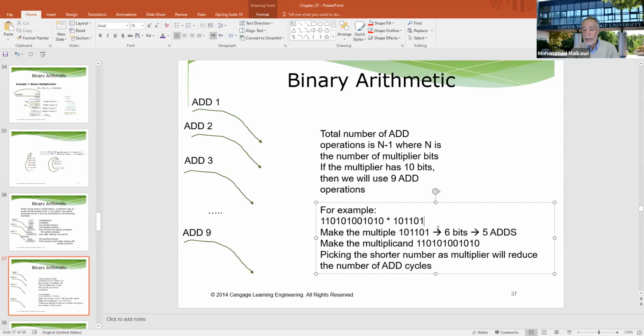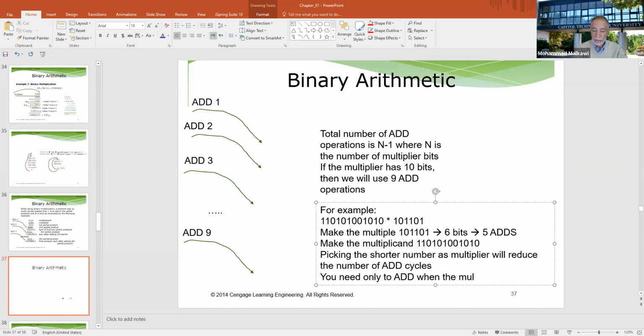So in essence, another trick here for the multiplier: you need only to add when the next multiplier bit is 1.